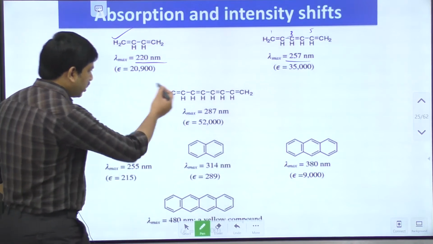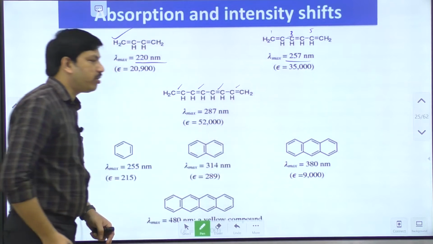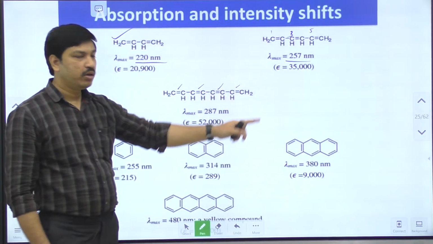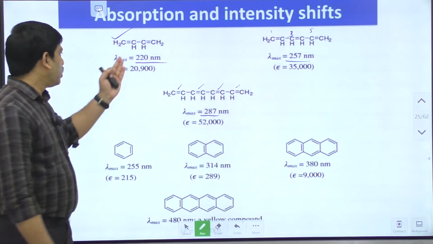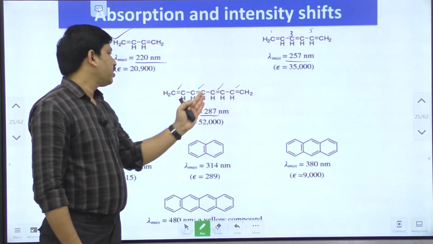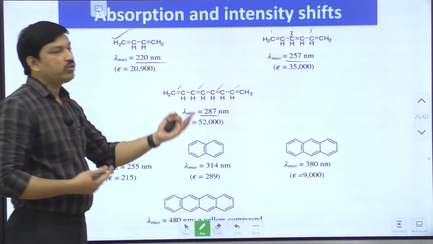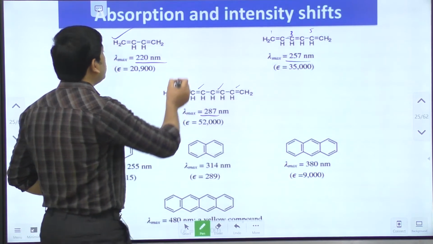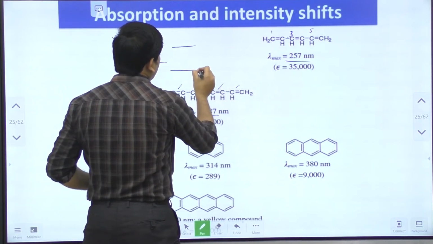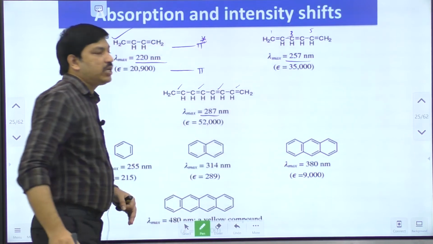Similarly in this case also we have four alternate double bonds available in this particular example. So again the wavelength value shifted to 287 nanometers: 220, 257 and here 287. Yes or no? So this is mainly because of the extension of conjugation. The extension of conjugation decreases the energy gap between the pi bonding and pi star anti-bonding levels.